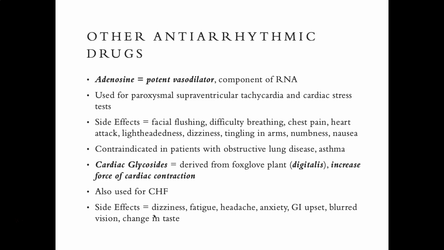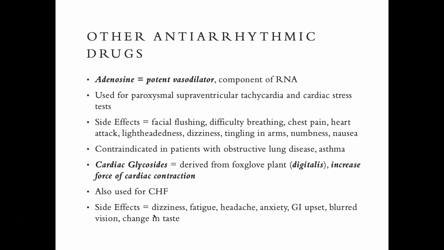Some other antiarrhythmic drugs include adenosine and cardiac glycoside. So let's talk about adenosine first. It is a potent vasodilator. It's a component of RNA. It's used for what's called PSVT, paroxysmal supraventricular tachycardia. Interestingly enough, adenosine is also used for cardiac stress testing.